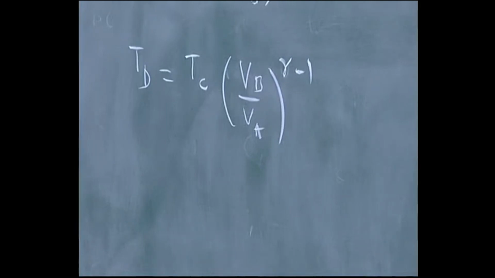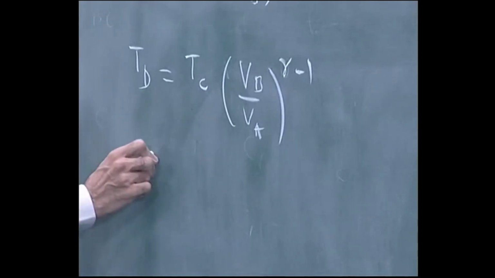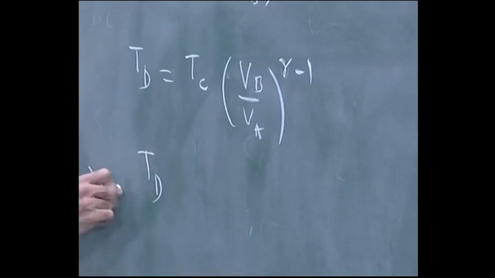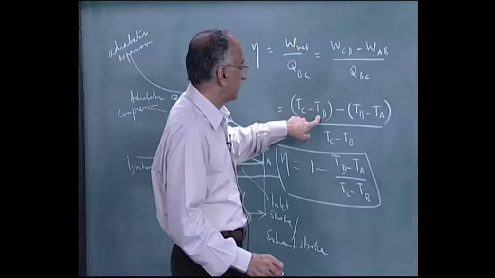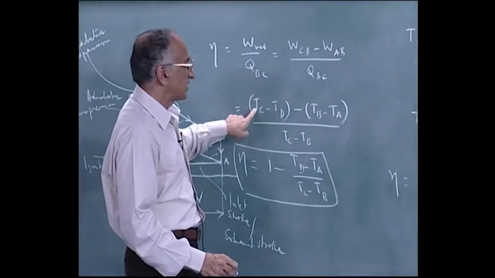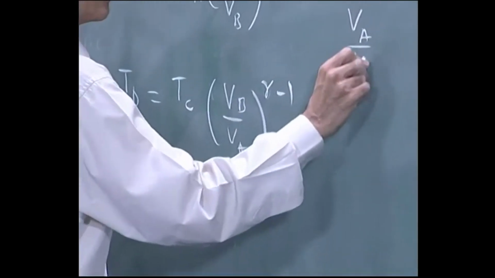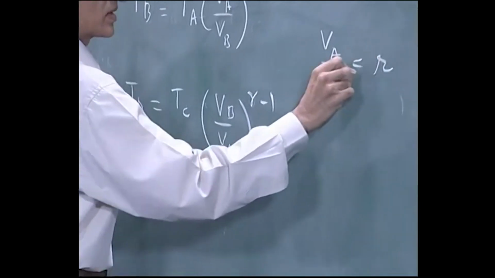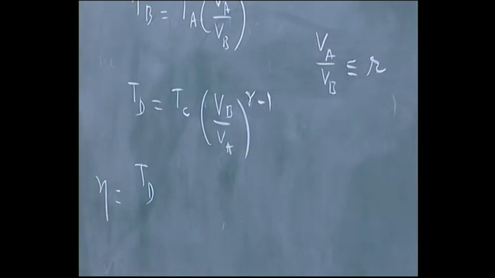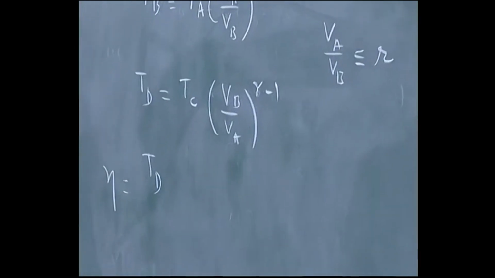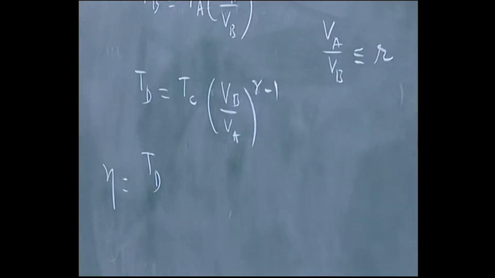You want VA by VB, so I will write everything in terms of TD here, that is efficiency is equal to, if I pull out a TD, this will become TC by TD, which is VA by VB. We will call VA by VB as R. It is a geometric specification.